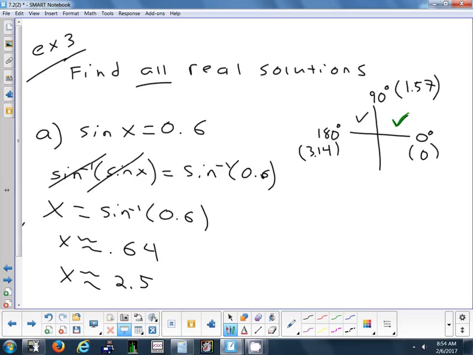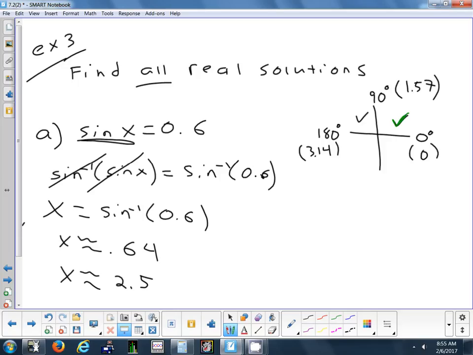But first, let me ask, how often is this answer going to repeat, this 0.64? Every what? Every 2 pi, which is the what of this function? 2 pi is the what? It's the period. Okay, these answers are going to repeat every period.